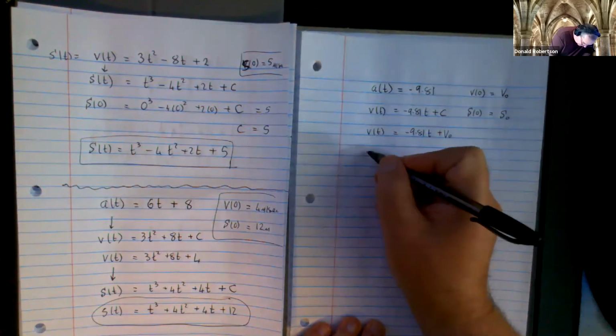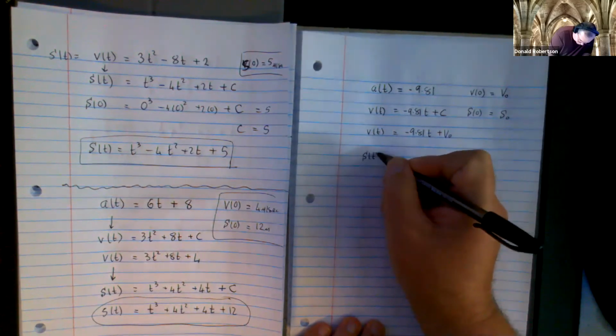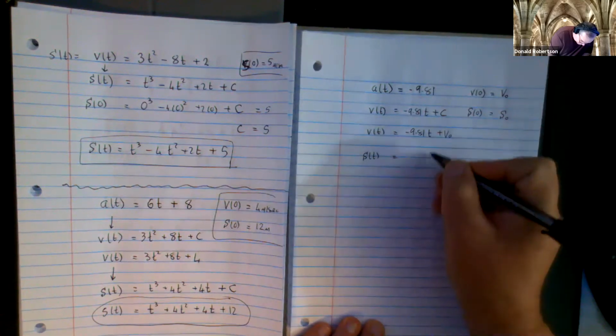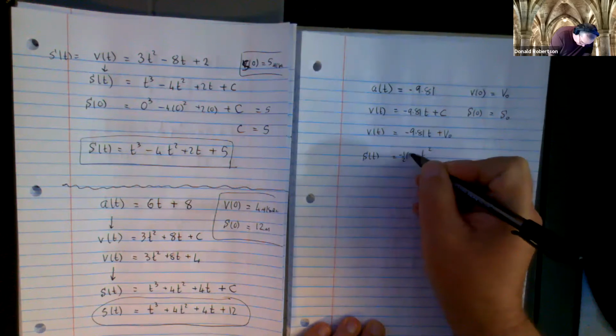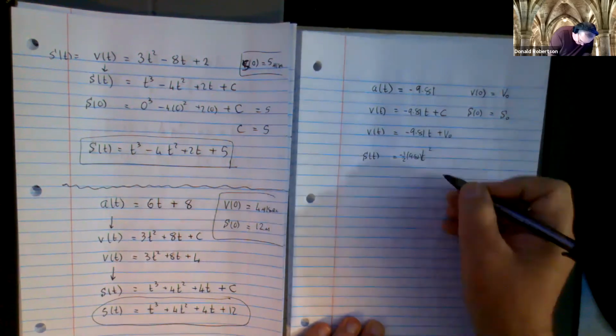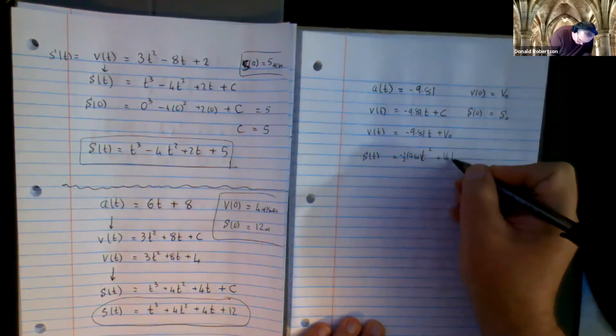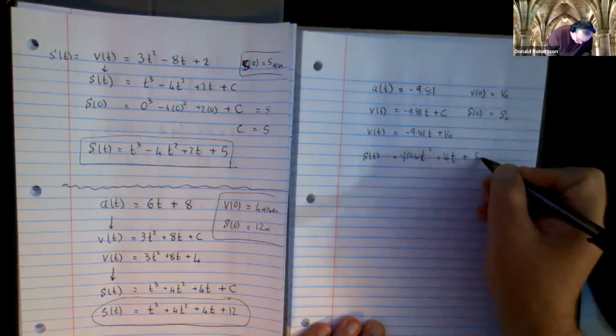If you find this antiderivative, you get s of t, which is add 1 to the power, divide by the new power. So I'm just going to call it a half of 9.81. That guy is v naught t plus s naught.